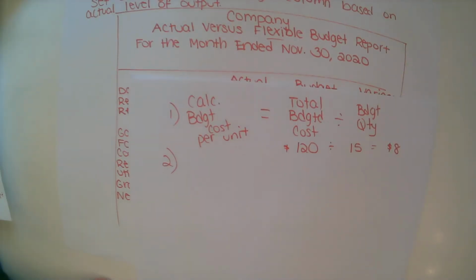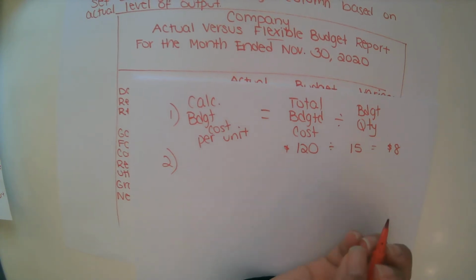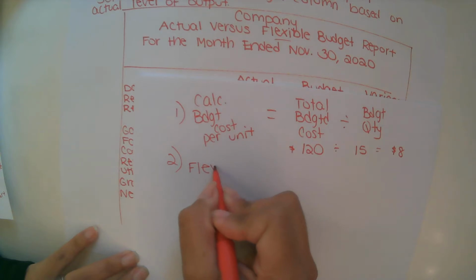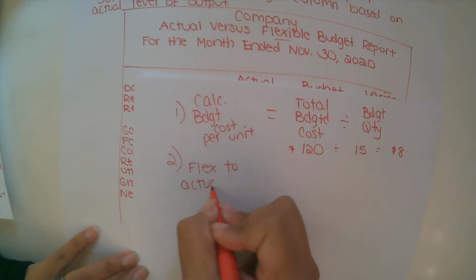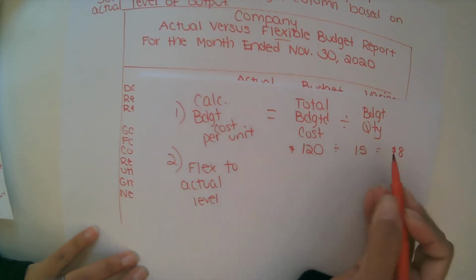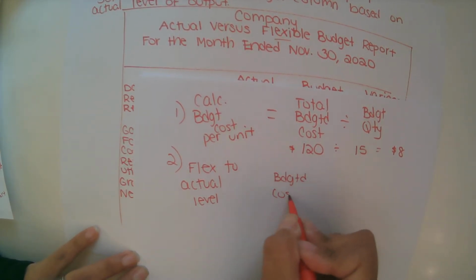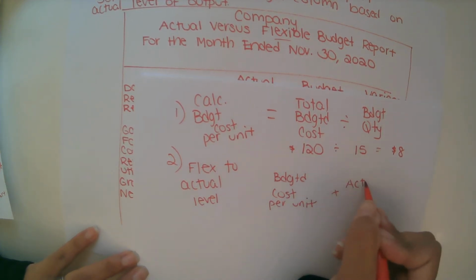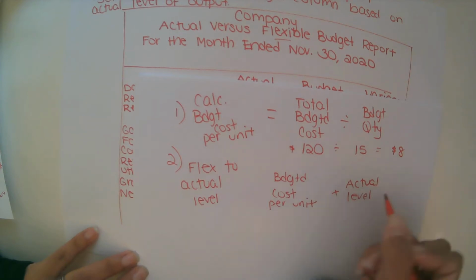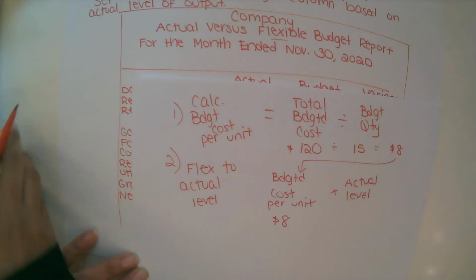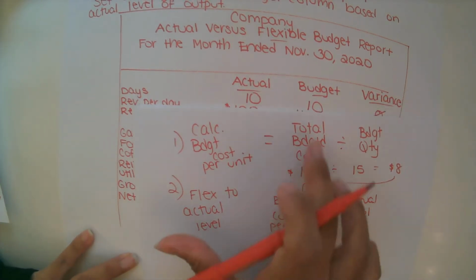I know in this example I gave you the 8, but just in case. Then you're going to take that cost and flex it to the actual level. So take your budgeted cost per unit times the actual level: $8, and remember our actual level, 10 days.